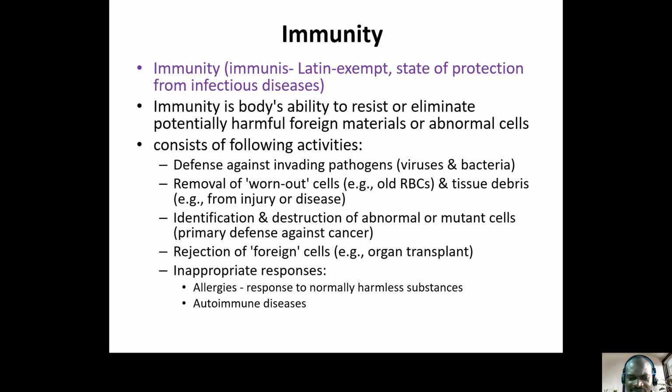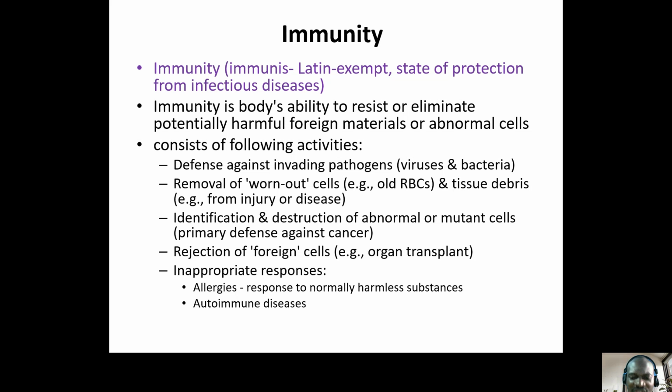So what is immunity? Immunity refers to the body's ability to detect a given foreign material, hence protect itself against infection. That is the ability of your body to detect any foreign material that is pathogenic in nature, be it virus, bacteria, or fungi, and at the same time defend itself from infection caused by such materials.